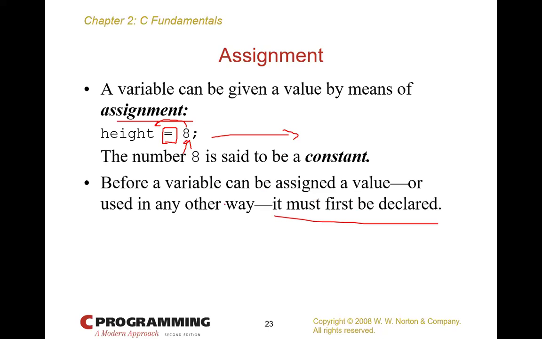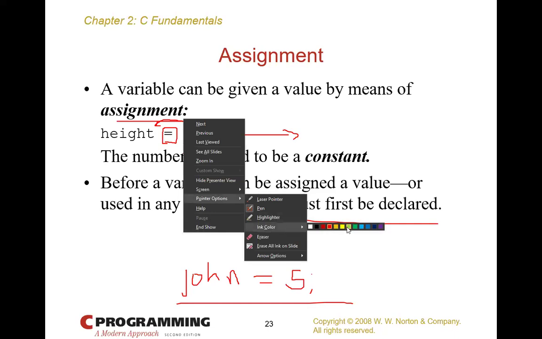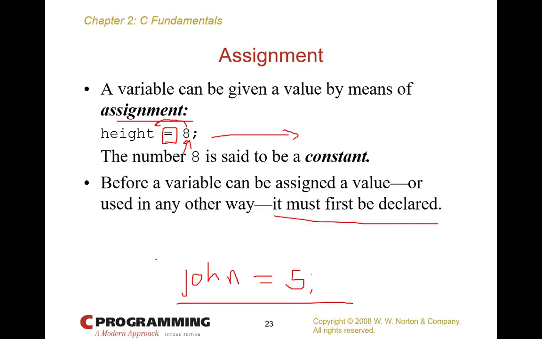Okay, this is again another thing. You cannot just say John is equal to 5. If you try to execute this, you would have a problem. Your program will not run. Why? Because you are trying to use John, but you have not created John. You have not told the compiler what is the type of John. So you must first have int John.